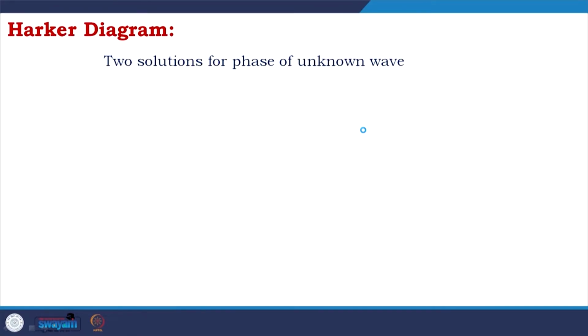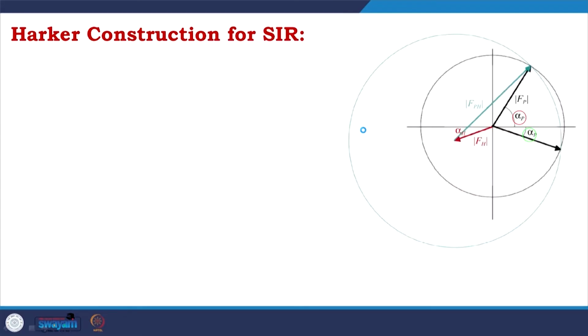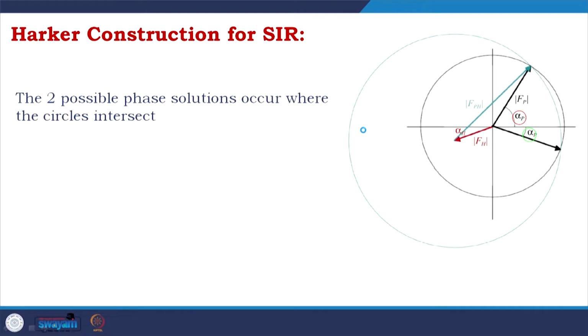Coming to another geometrical representation called the Harker diagram, the two solutions for the phase of the unknown wave where they meet. If you see, this is the substructure, this is the structure of the protein, and this is the heavy atom derivative. So, in the Harker construction for single isomorphous replacement, the two possible phase solutions occur where the circles intersect.